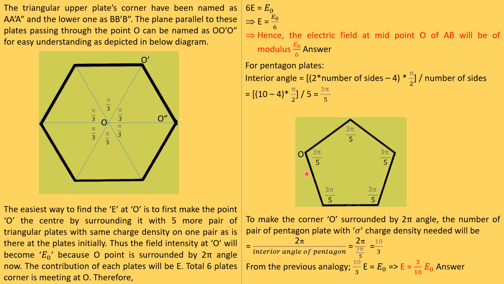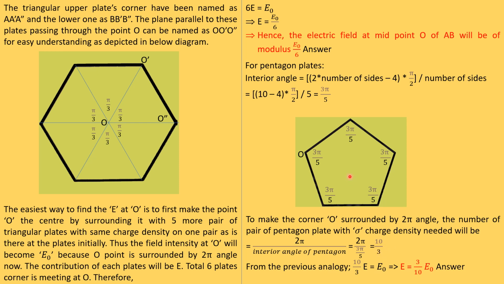So to make this point again encircled with 2 pi, how many pentagons will be required to add about O? We can get that from the unitary method. Total angle will be 2 pi and each interior angle is 3 pi by 5. So we divide that and we get 10 by 3 pairs of plates.